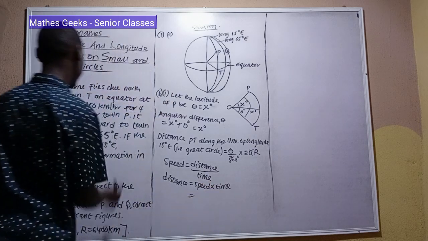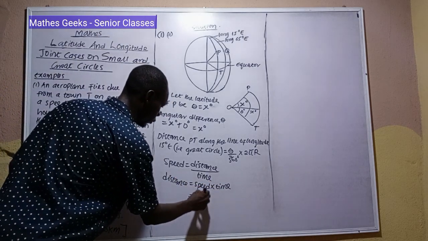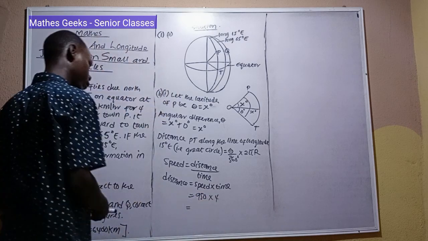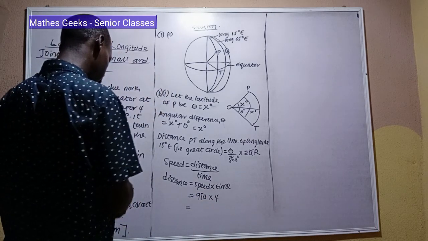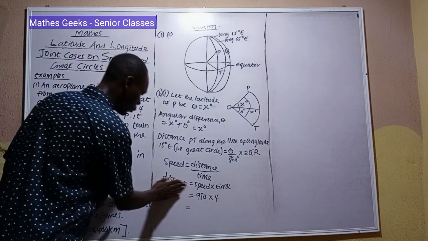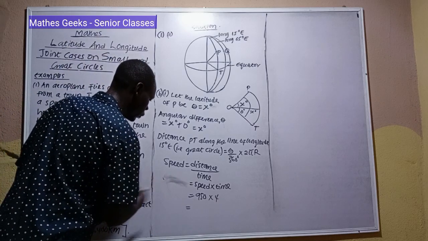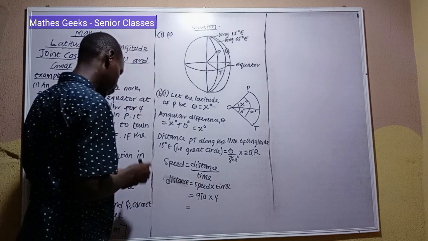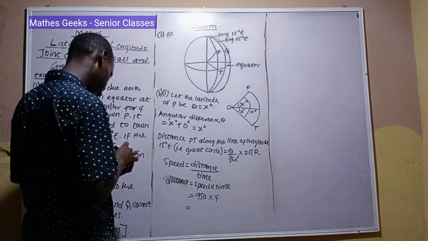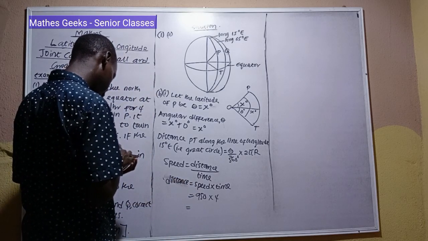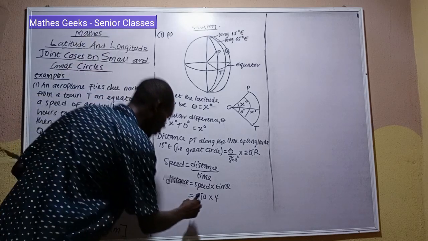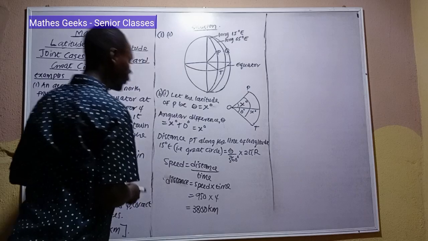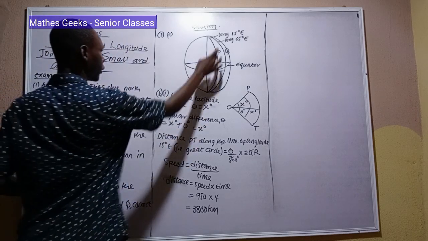This gives 950 kilometers per hour times 4, which is 950 times 4, 3,800 kilometers. That's the distance between P and T.